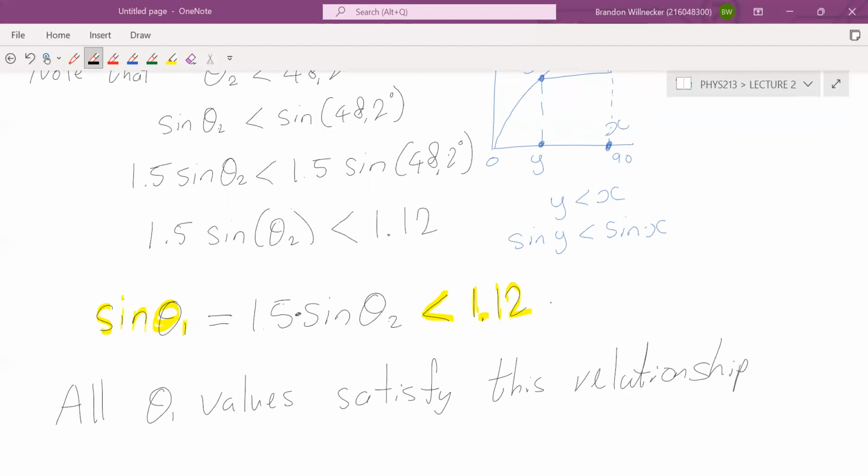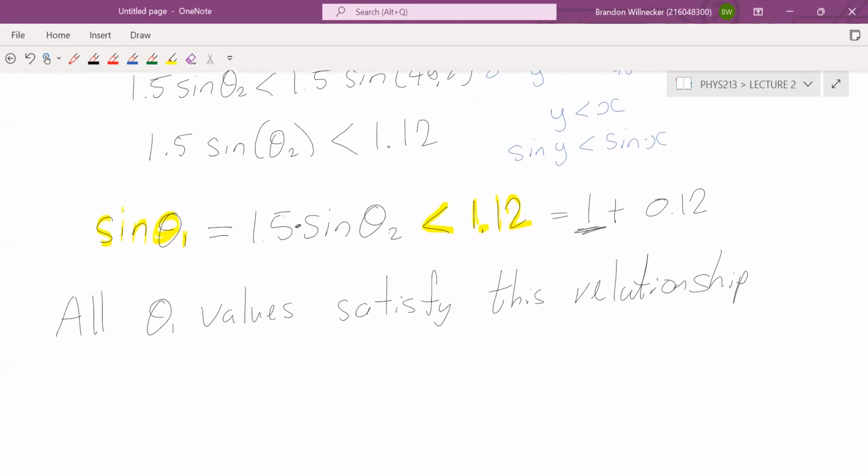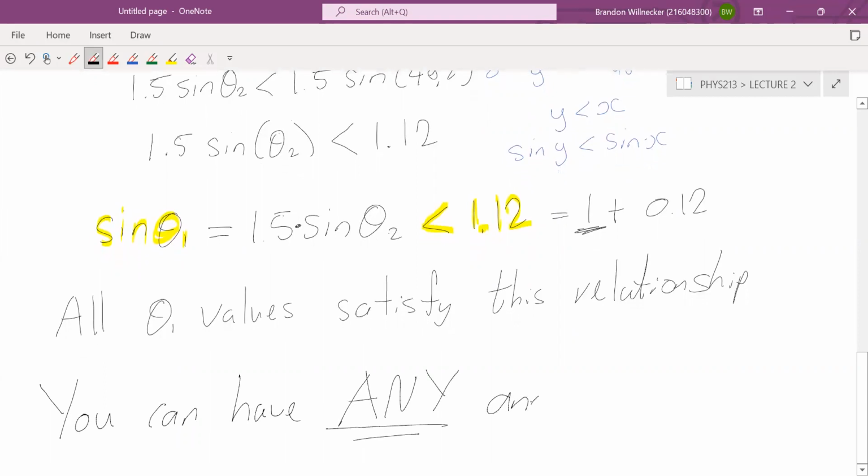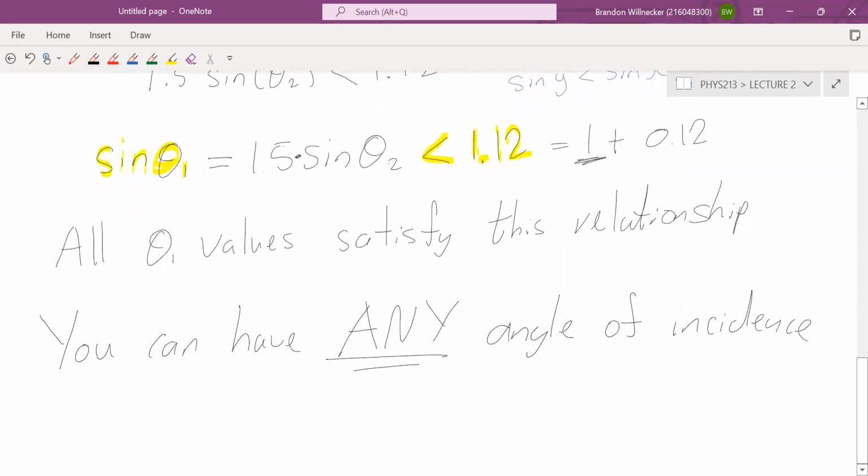Okay, because we can write this as 1 plus 0.12. Okay, it's always less than or equal to 1. So if we make this bigger, then it's always satisfied. In other words, you can have any angle of incidence and still get total internal reflection.